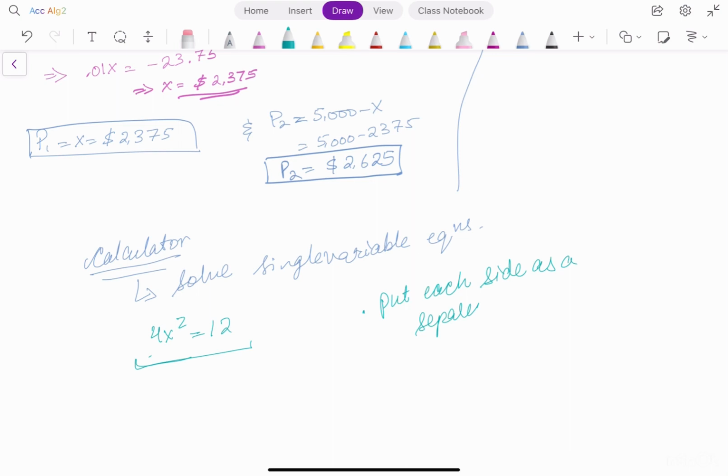So on the Y equals tab on your TI-83 or 84 calculator, put the first equation as y1 is equal to 4x squared and the second equation as y2 is equal to 12. Then there is an intersection tab, and find their intersection point. Their intersection point will be the solution of this problem.